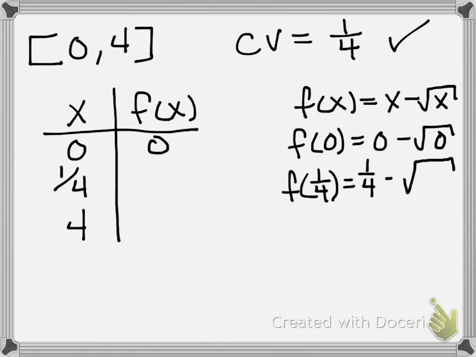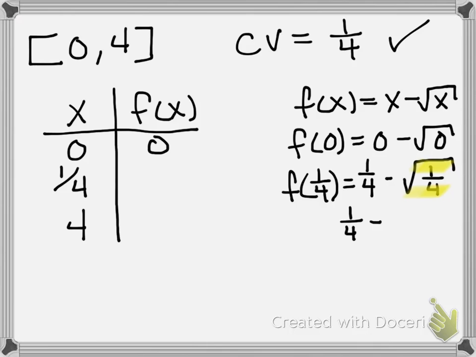Because we're just plugging in the value everywhere we see an x, and the square root of 1/4. So it's going to be 1/4 minus, and whenever you're taking a square root of a fraction, you're going to do the same thing that you do whenever you're squaring a fraction. You're going to take the square root of the top and the square root of the bottom, and that's going to make your fraction.